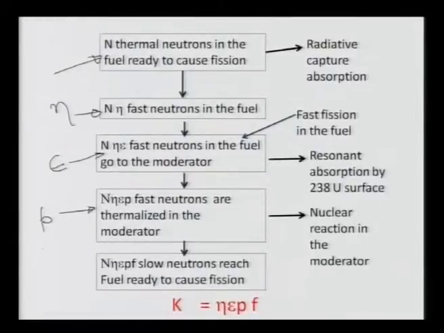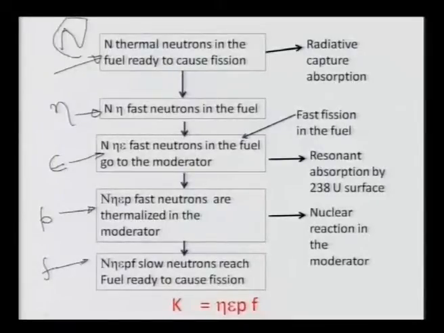Some nuclear reactions can go on in the moderator, and another factor f is multiplied to get you slow neutrons in the fuel rods once again. So, this is one complete generation or one complete cycle.